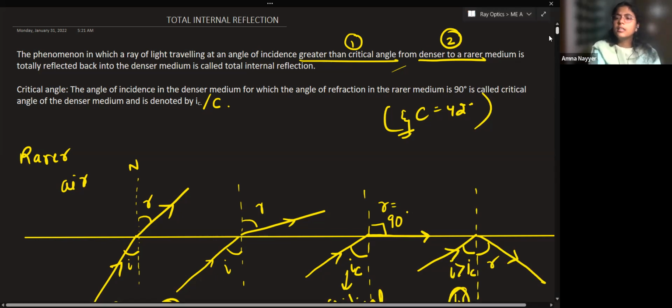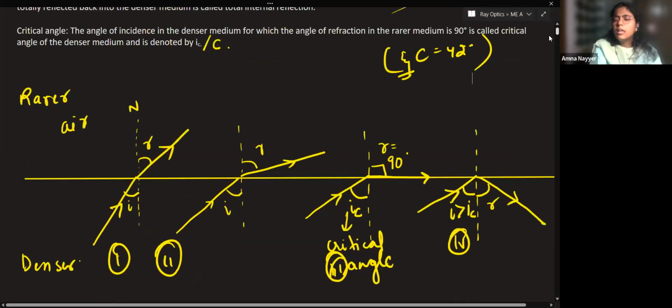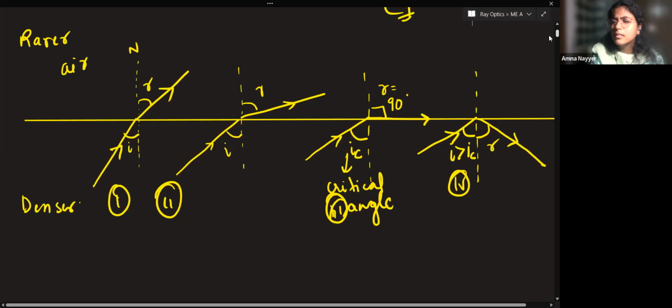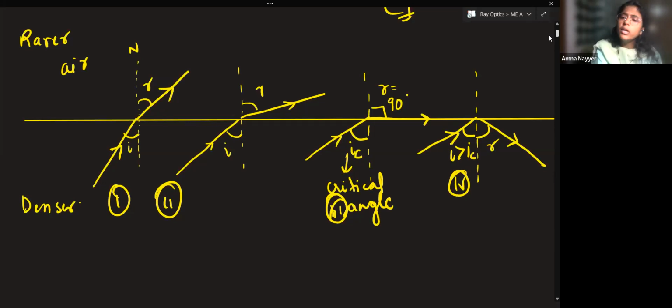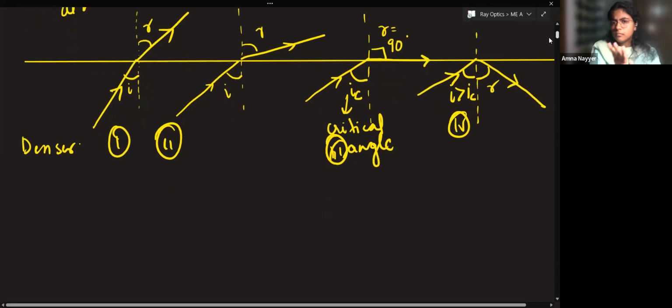Now for total internal reflection, you don't have any specific formula, because that is reflection, which you have already studied. But for the critical angle, we can do one thing. We can draw this refraction, this is N, and this is air. Let's apply Snell's law over here.